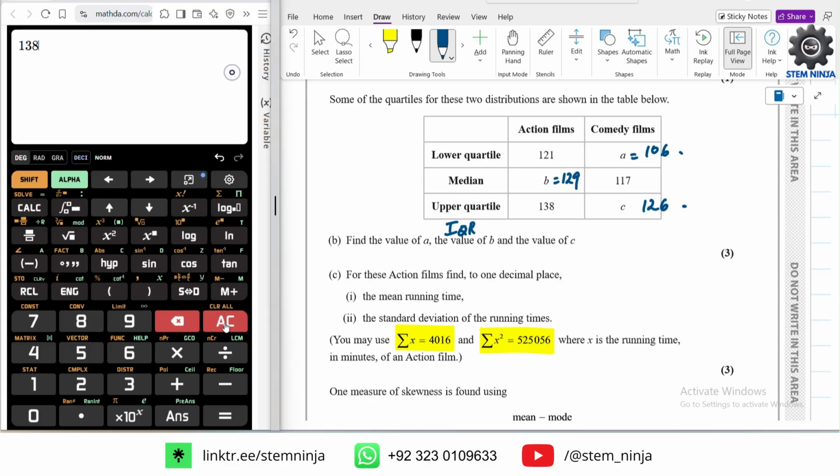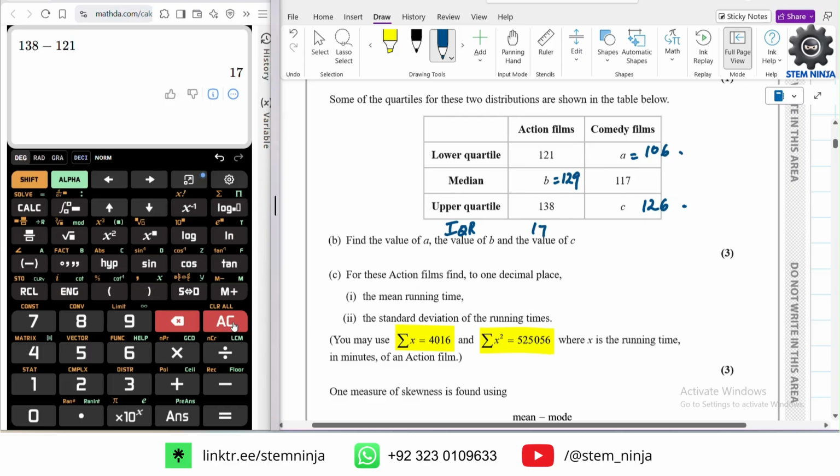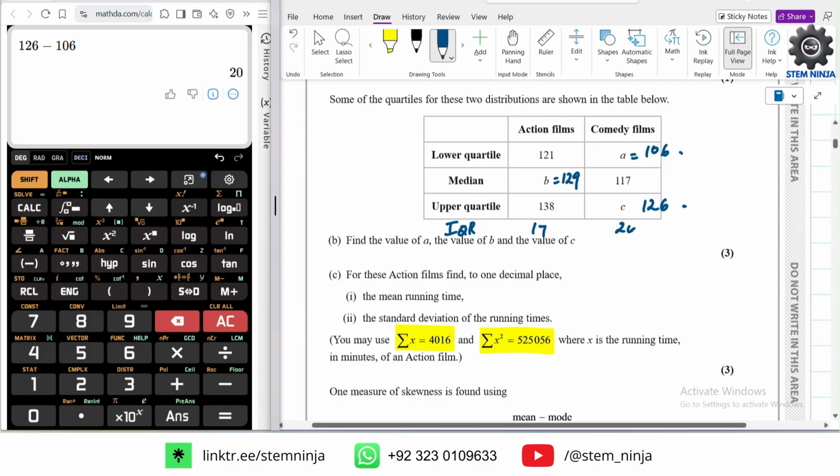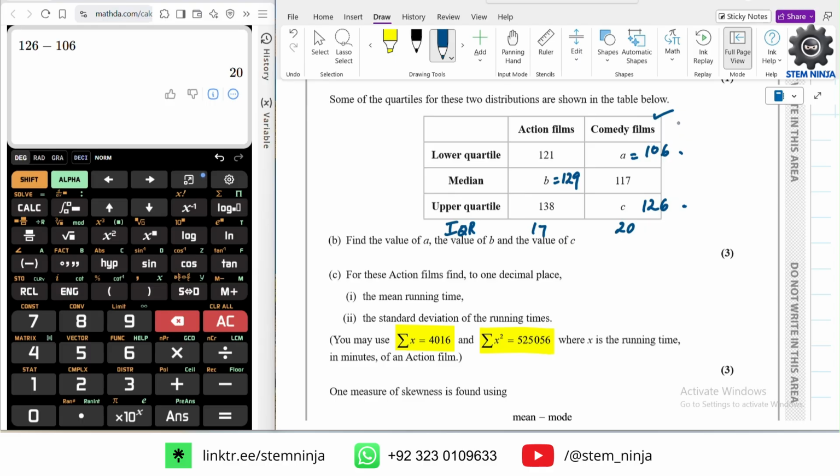So 138 minus 121 is 17, and 126 minus 106 is 20. So the interquartile range of comedy films is slightly higher, but the median value of running time for comedy films is lower, right? And the other one was range that we could discuss.